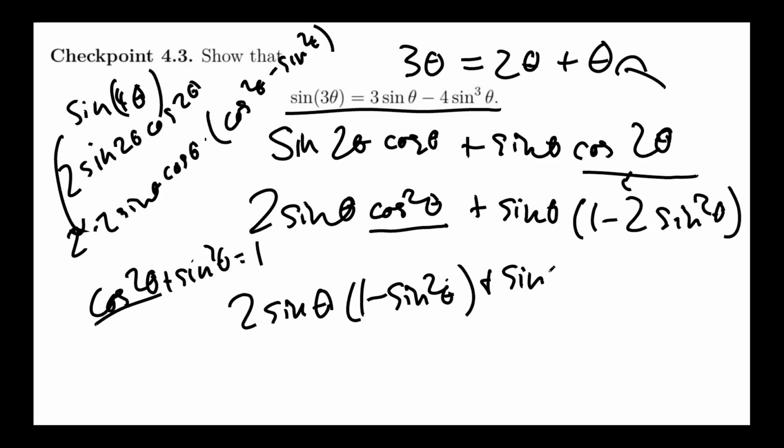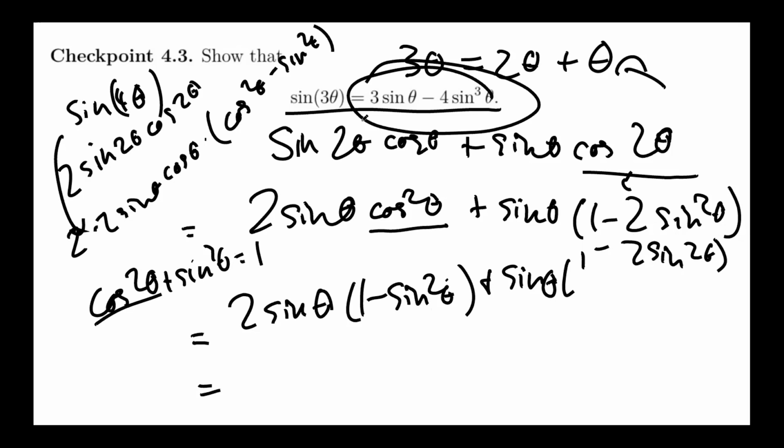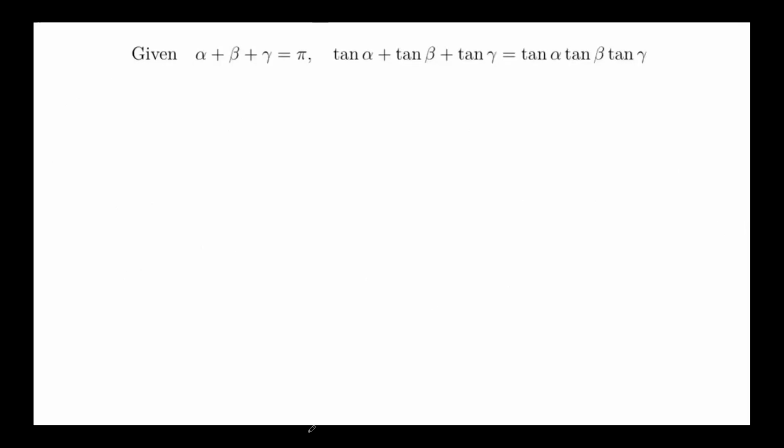Now this is kind of messy, but if you do all the algebra out, you'll end up with the answer here. We're kind of running low on time, so we'll go a bit fast through all of these.